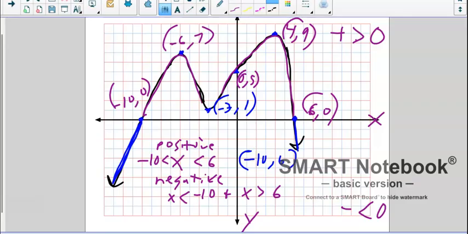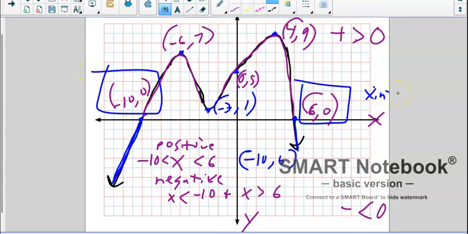That's because these points right here are x-intercepts. Okay, x-intercepts are on the x-axis, and there's always 0 in the y spot, which we talked about in the cover-up method. Okay, so that takes care of positive and negative.